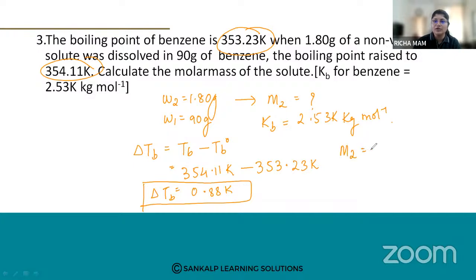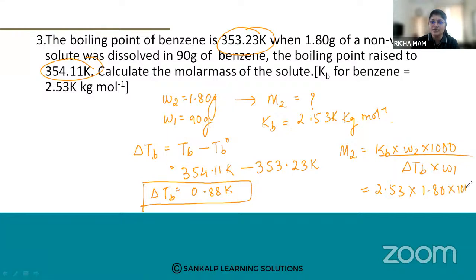So you know the molar mass of the solute can be calculated as Kb into W2 into 1000, divided by delta TB into W1. So what is Kb? Kb is 2.53, into W2 is 1.80, into 1000, divided by delta TB is 0.88, into W1, which is 90. Now you calculate.